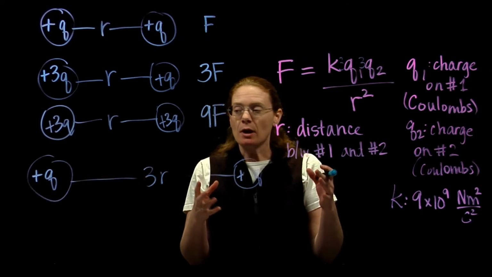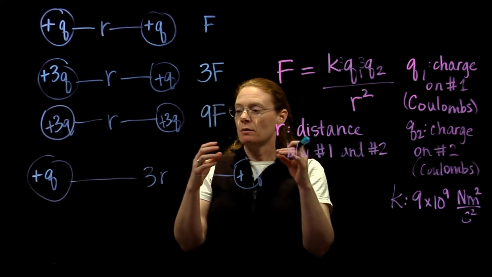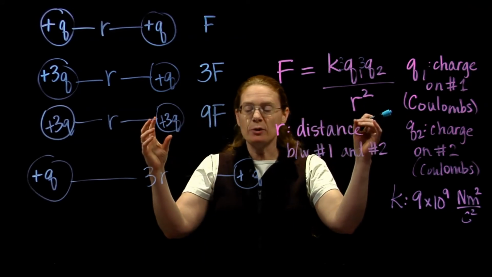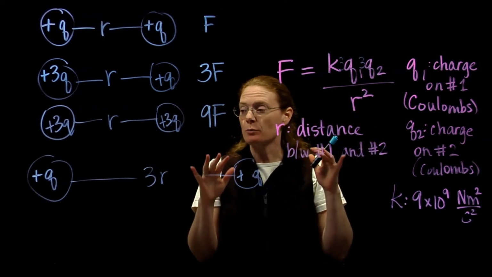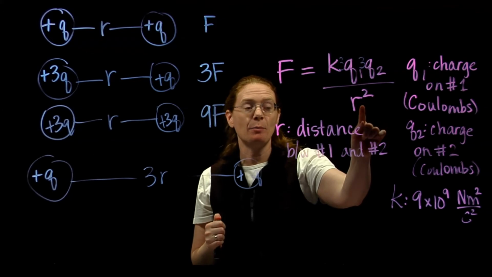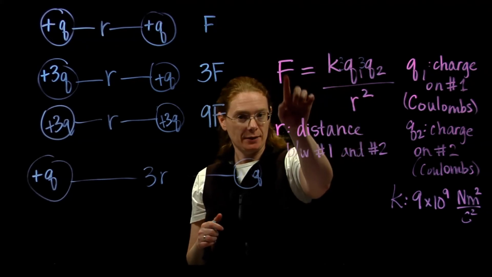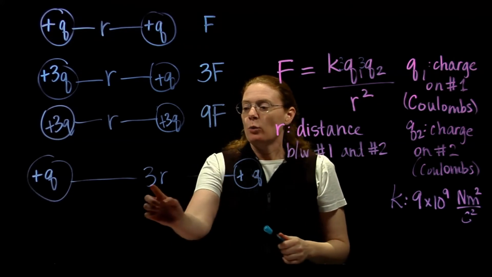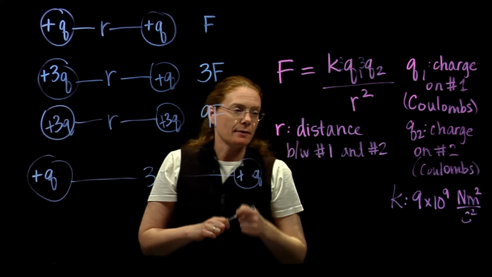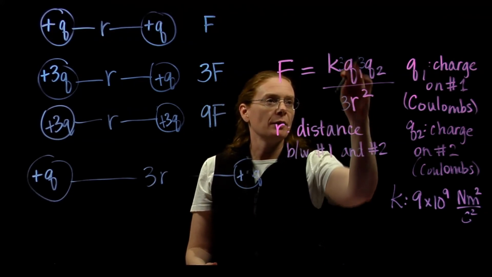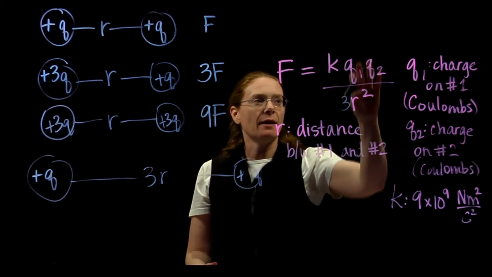If you think about what we saw with our sticky tape experiment, the farther away the two objects are, the weaker the force between them. That's why R is on the bottom here. As R gets bigger, the force gets smaller. Now we're tripling the distance, so we're putting a little 3 in front of that R.